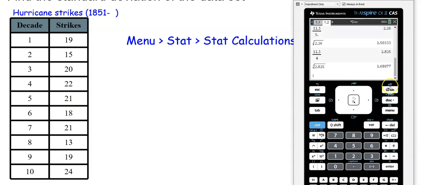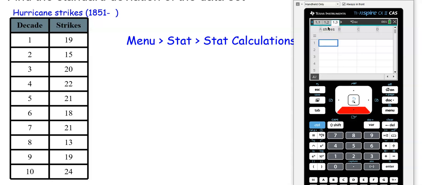So I'm going to go to the home key and insert a list and spreadsheet page. Go to the very top and put strikes. That was the name of this data. Start at cell A1 and type away: 19, 15, 20, 22, 21, 18, 21, 13, 19, 24.